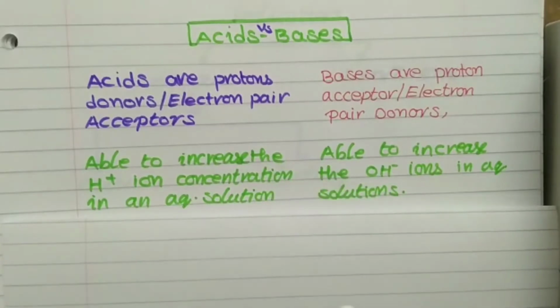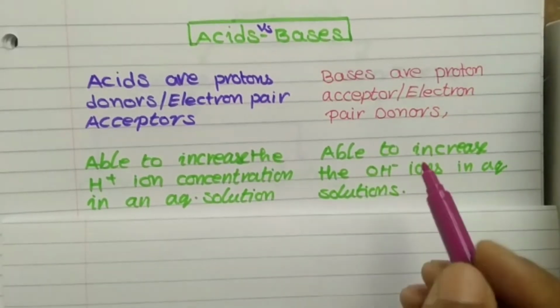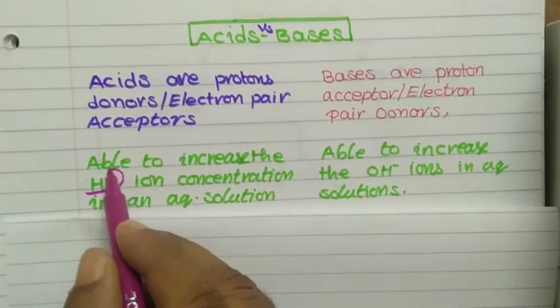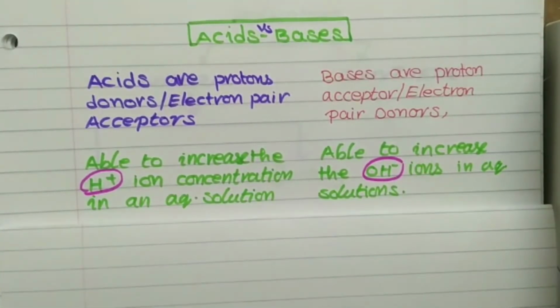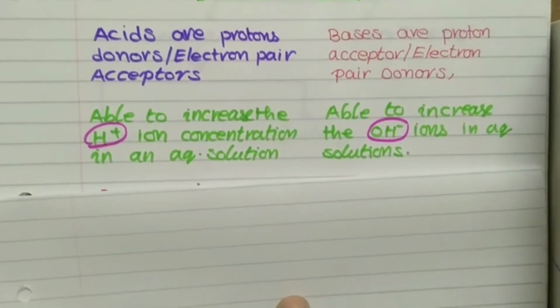You can easily identify them based on their formulas. A substance able to increase the H+ ion concentration in aqueous solution is called an acid, and one able to increase the OH- ions is a base. Observe here H+ ions, here OH- ions in aqueous solution.